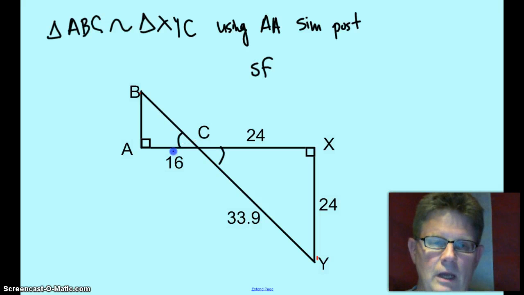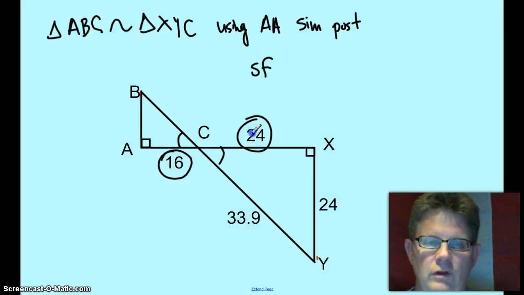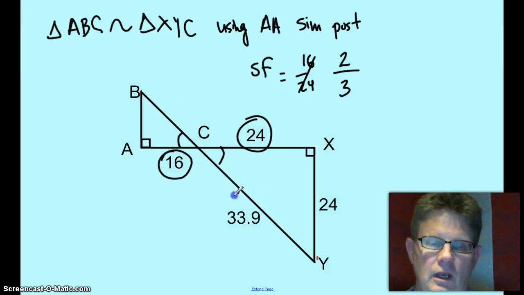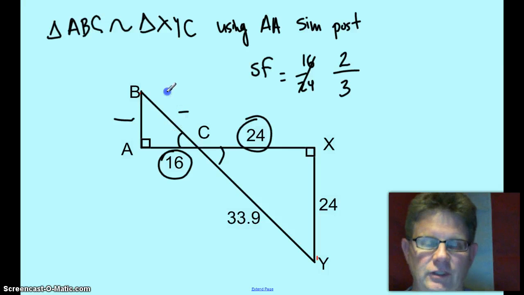Find a pair of corresponding sides that are both numbers: 16 to 24. So the scale factor is 16 to 24, and of course that reduces down to 2 to 3. So the scale factor of the two triangles is 2 to 3. We could use that to find these two sides if I had actually asked you to do that. I'm not doing that right now.